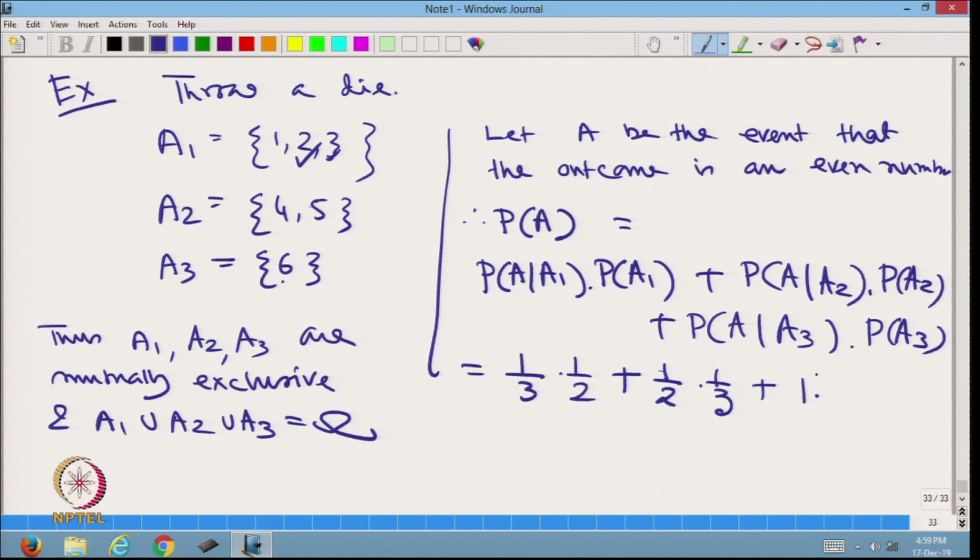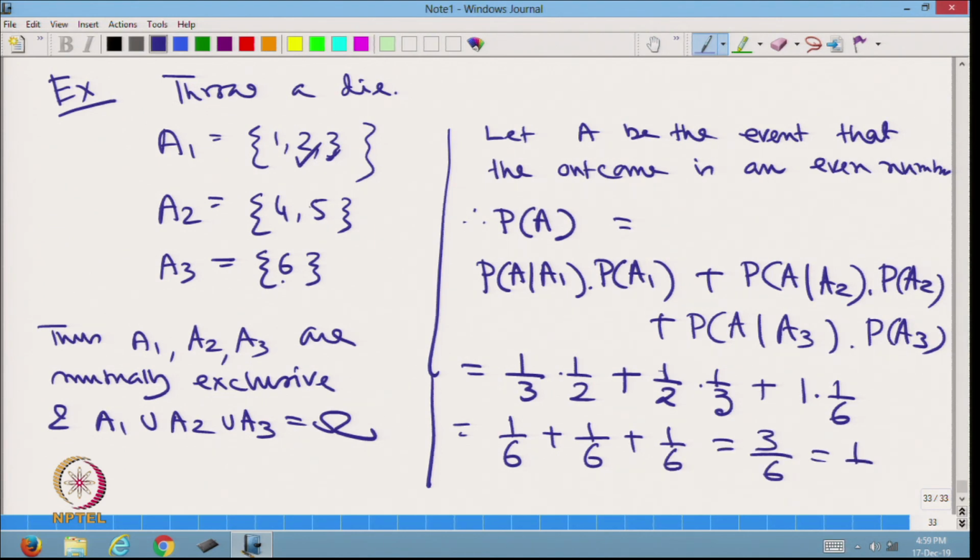Therefore, this is 1 multiplied by probability of A3, which is 1 by 6. This is equal to 1 by 6 plus 1 by 6 plus 1 by 6, which is 3 by 6, equal to half, which is the probability of an even number.